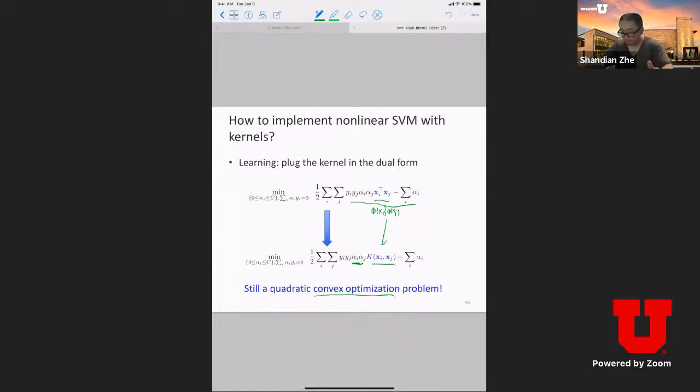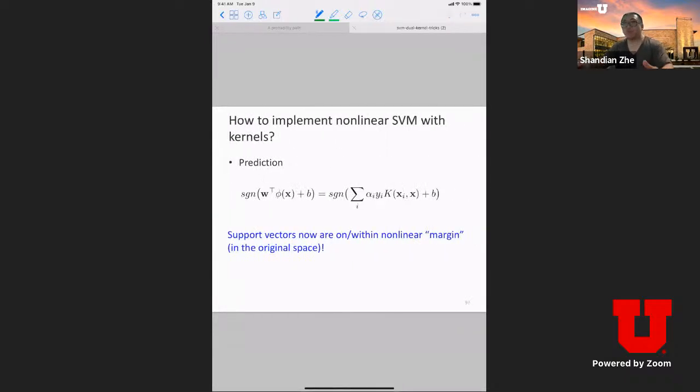It's pretty standard. Then during prediction, as we derived before, when we substitute the representation of w for w itself, it becomes a summation over the support vectors.